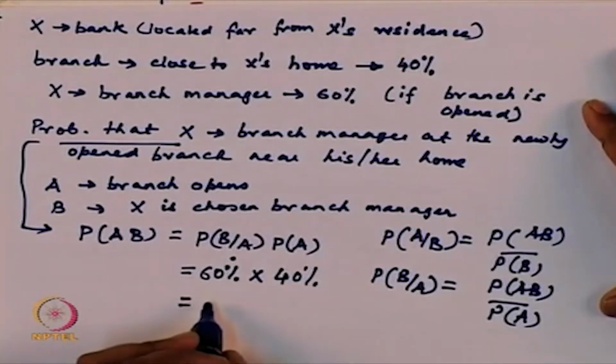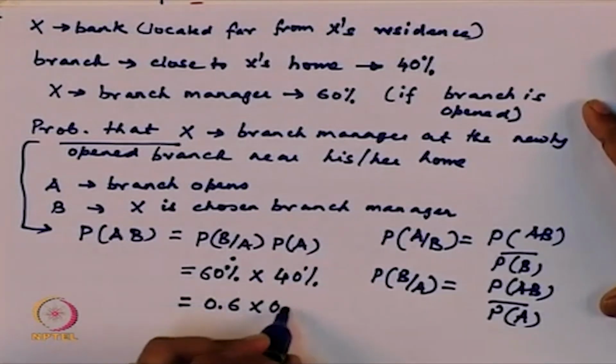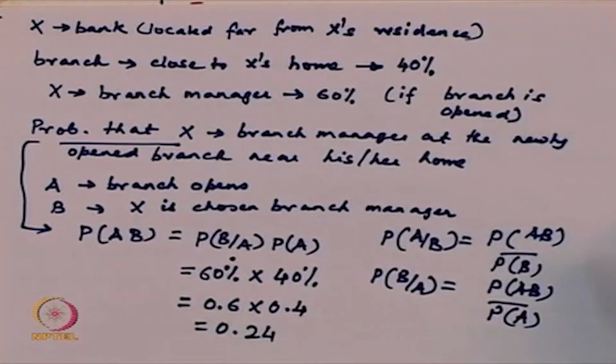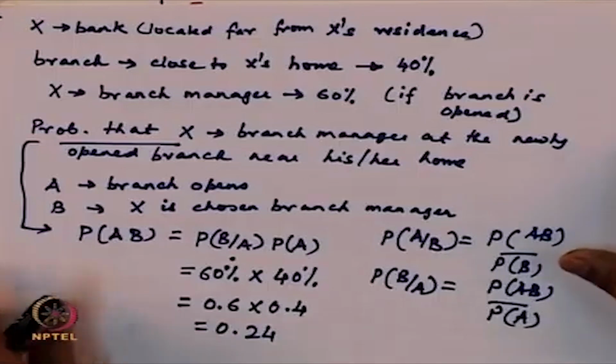So, you get the answer of 0.6 into 0.4 equal to 0.24.